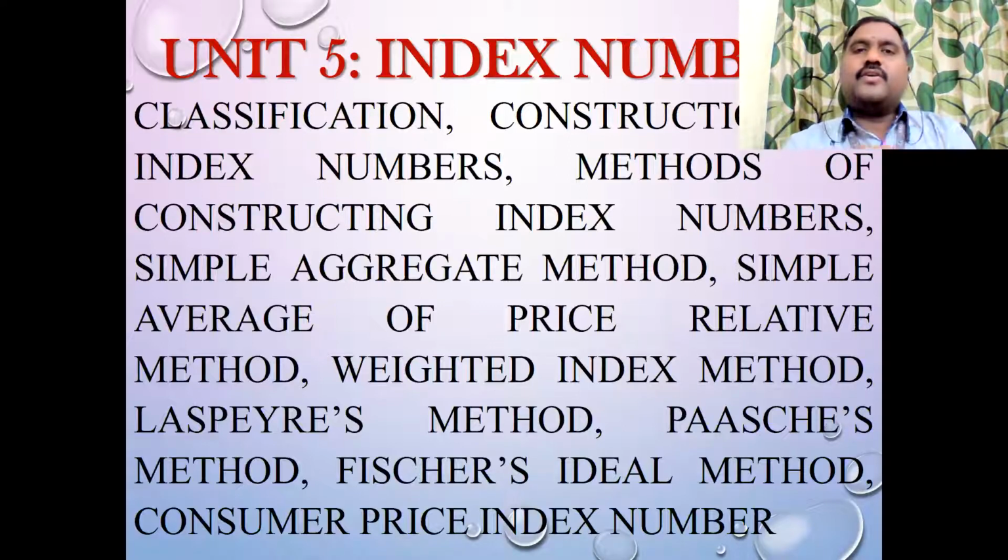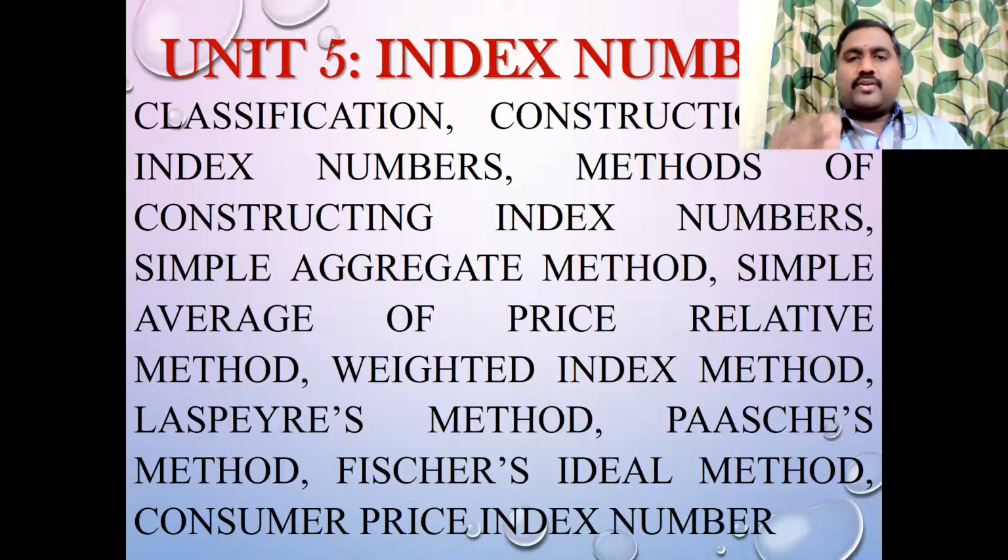Very good. So as per the statistical meaning, index number is one of the methods to evaluate and indicate what the changes or variation are in a variable or a group of variables.